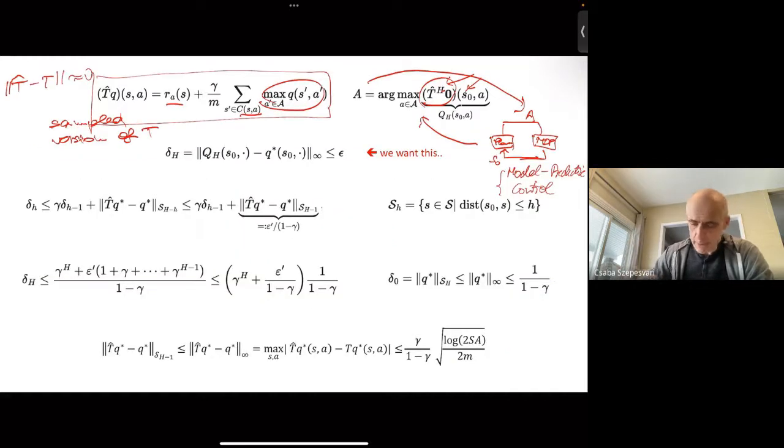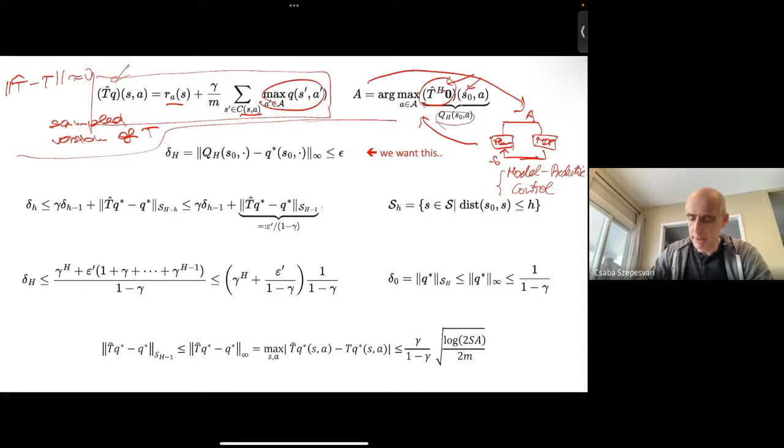Okay, so finally, what is this whole argument, so that this procedure is correct? As I already explained, the procedure can be seen as just the first two lines on the top. It is this recursive call of applying this sampled Bellman operator to the identically 0 function and doing that h times in a recursive fashion, and then looking for the greedy action with respect to the action value function that you get at the end.